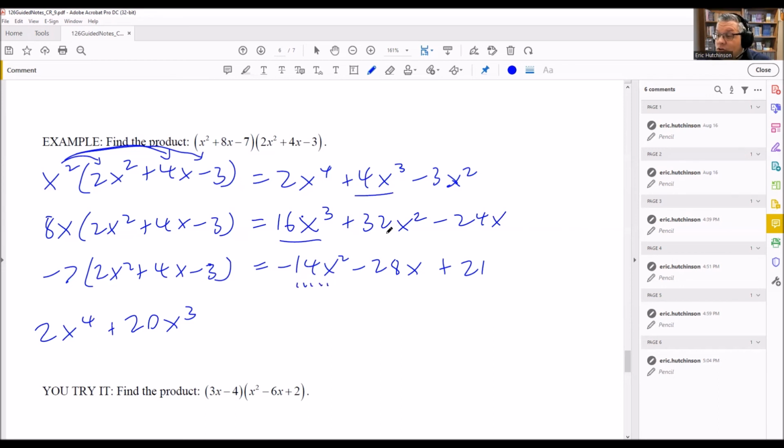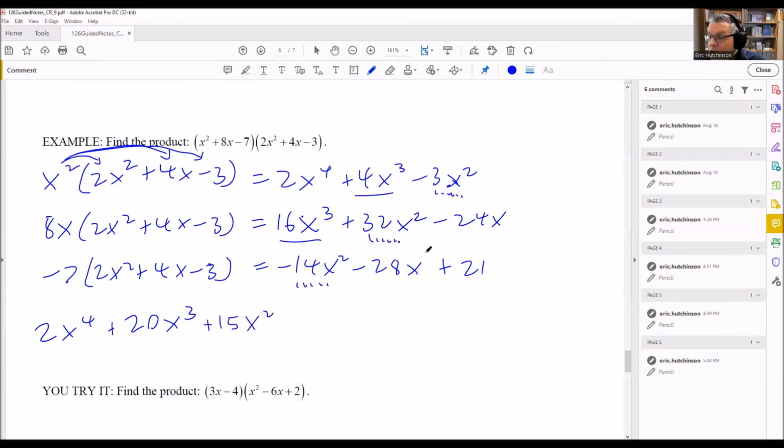Now for the square, I have three of them. I have this one, and I have that one. So I'm going to combine this together. Really what I have here is 32 minus 17. So if I do 32 minus 17, that's going to give me 15x squared.